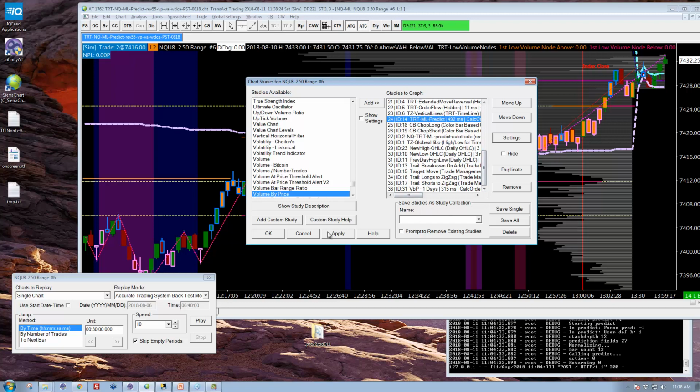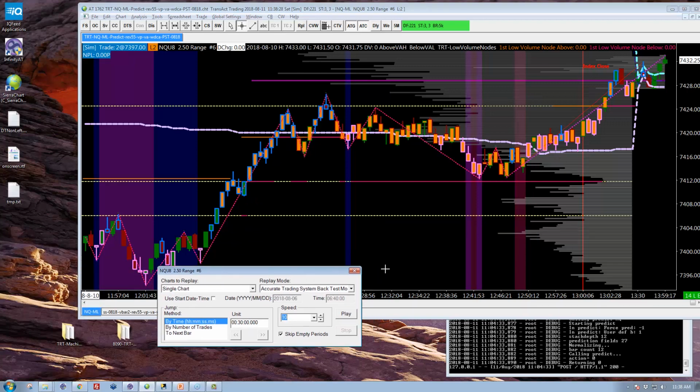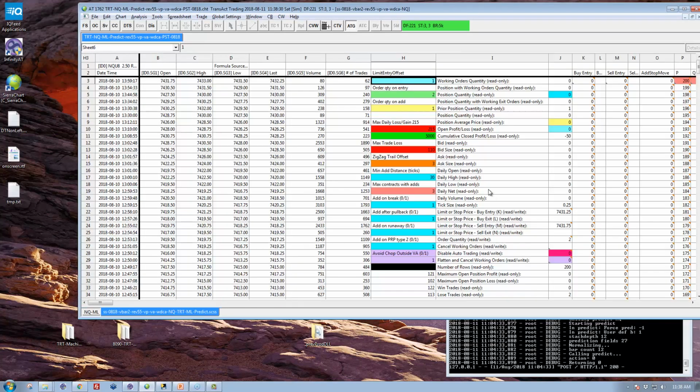Okay, so in the spreadsheet, this spreadsheet is different because of the change in logic for chop avoidance. So in the 0618 spreadsheet, if you turn on chop avoidance, that means all the time we're always paying attention to whether or not the system thinks that it's choppy and staying out if it does.